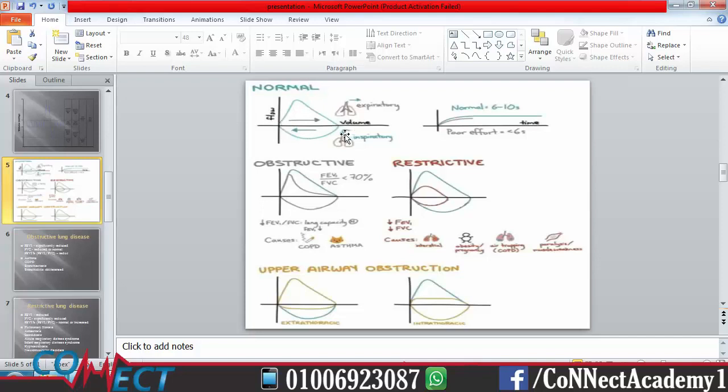The triangle represents the expiration and the semicircle represents the inspiration. In obstructive pattern, the expiratory limb is affected because expiration is a passive process. It depends on the patency of the respiratory passages.